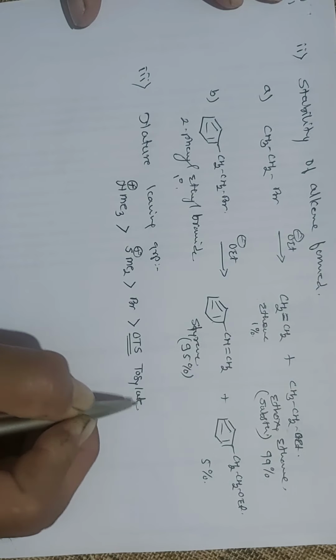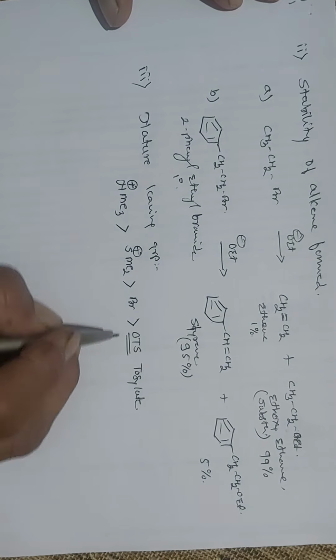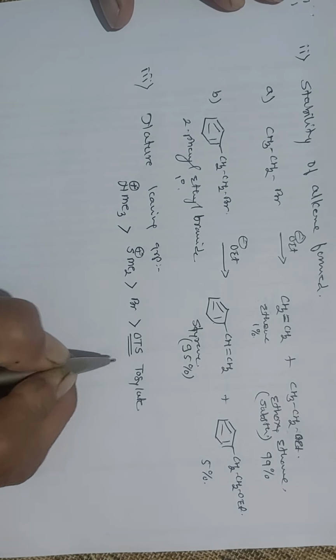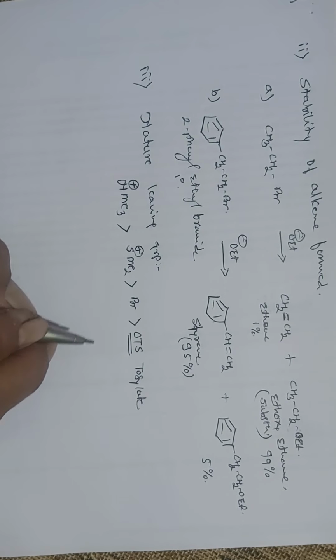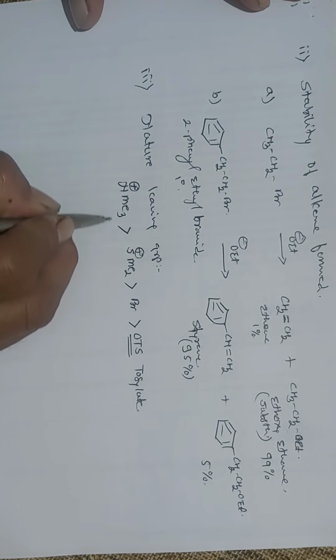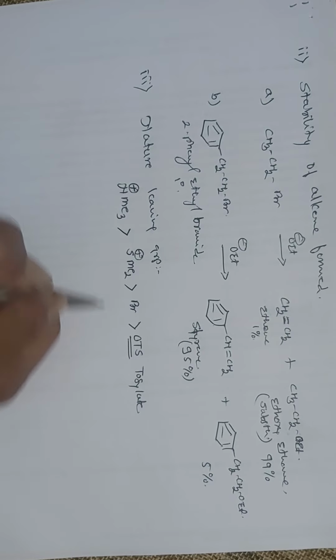This is the order of the leaving groups. As the size goes on decreasing, substitution is more favorable.